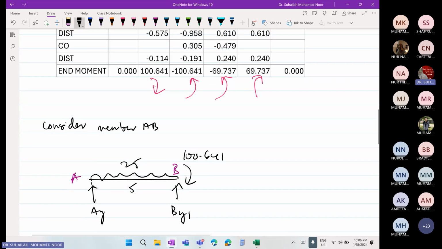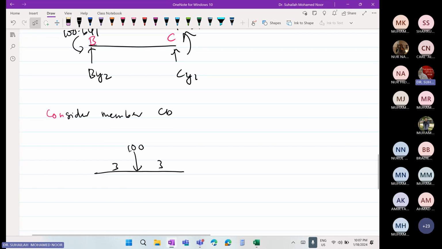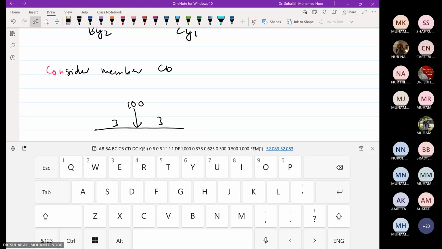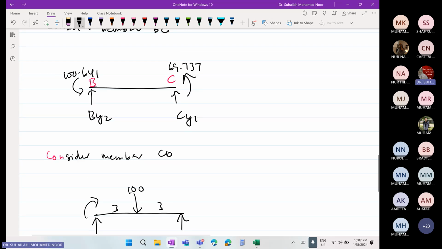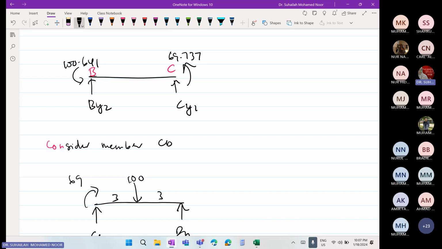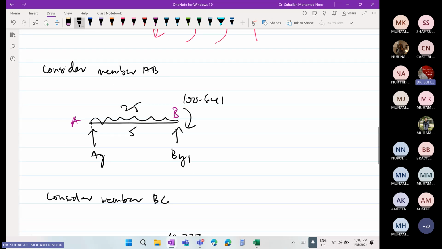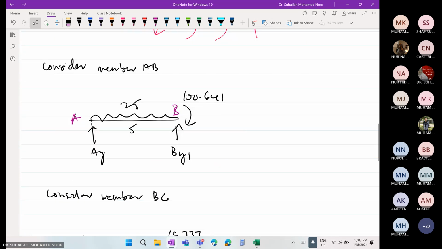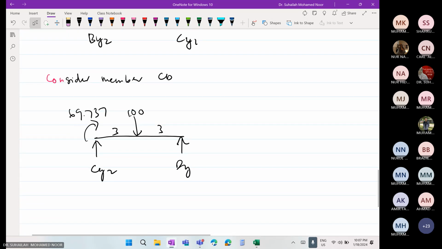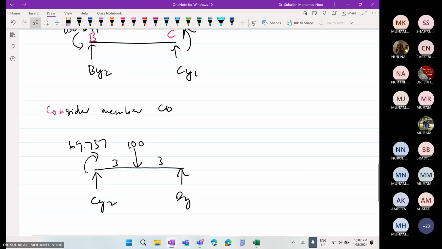The moment we have is positive 69.737. Shear forces first: this is CY2, this is DY, and positive, right? So this is C and D.